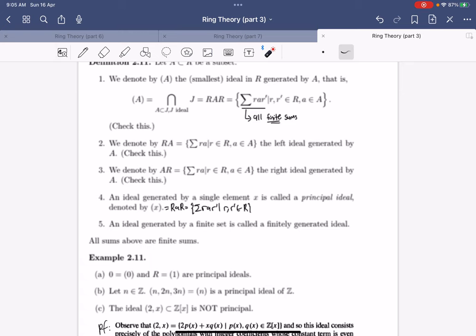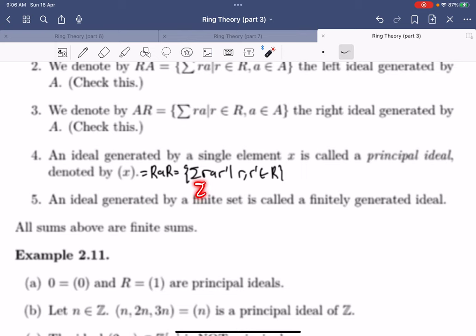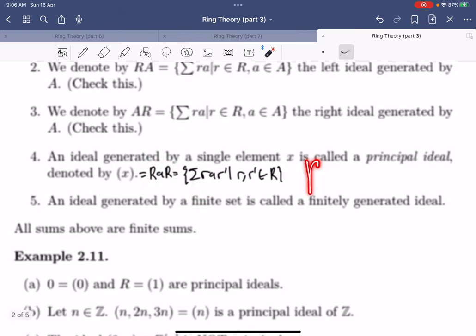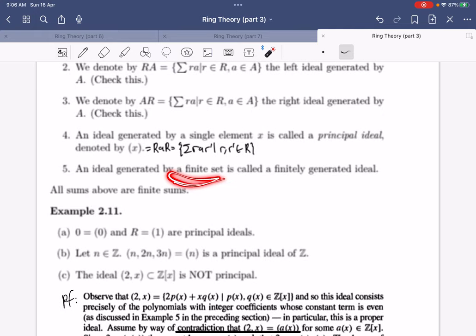And you can check that they are ideals. And we say an ideal generated by a single element is known as the principal ideal. And it's really the sum of capital R a times capital R at the back. And any ideal generated by a finite set is called a finitely generated ideal.